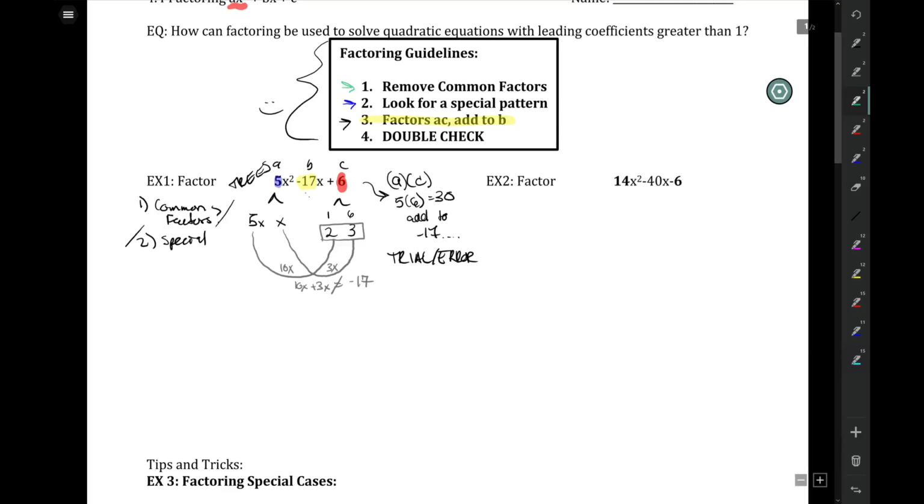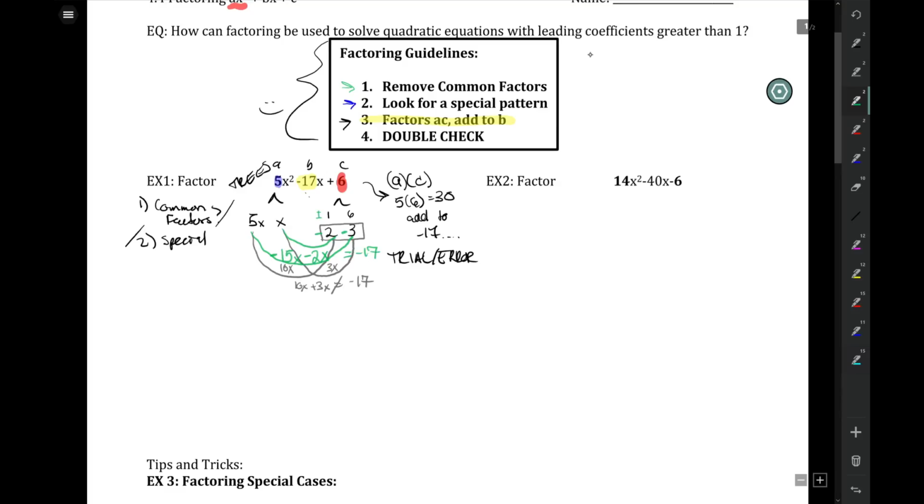Okay, so let's try another one. Let's try 5 times the 3. Okay, that gives me 15x. And let's try x times 2, which gives me 2x. The only little tweak is, hey, if we make both of these negative, then we get our negative 17.